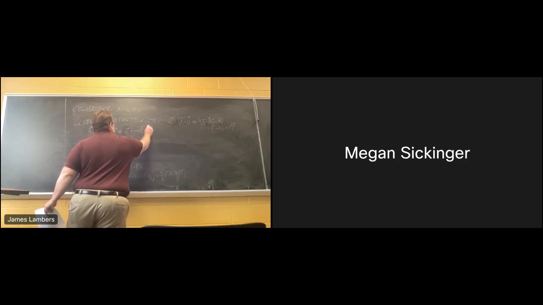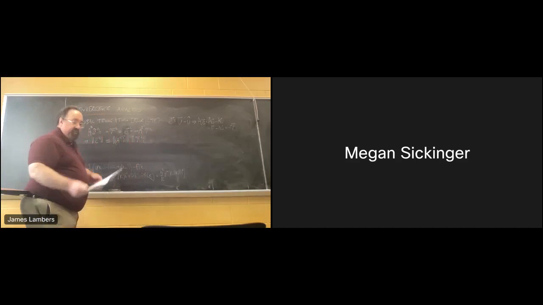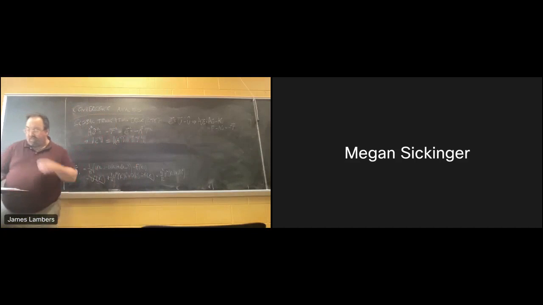Actually, what I'm going to do here is include superscripts of H to make clear that everything we see here depends on H. So if we're given spacing H, the norm of the global error is less than or equal to the norm of A^H inverse times the norm of the local truncation error. That's just a property of matrix norms.